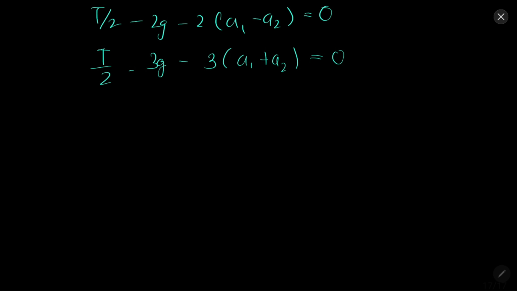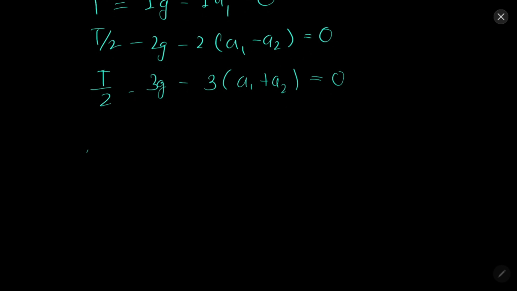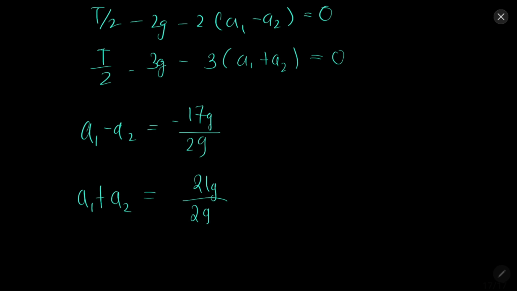So now using all these equations, you can find a1, a2 and the remaining things. So ultimately you will find that a1 minus a2 is minus 17g over 29 and a1 plus a2 is 21g over 29.